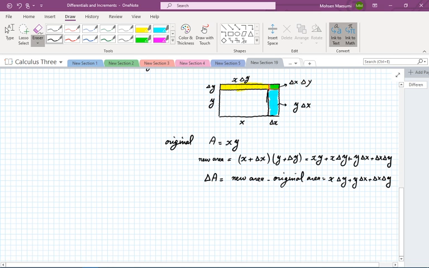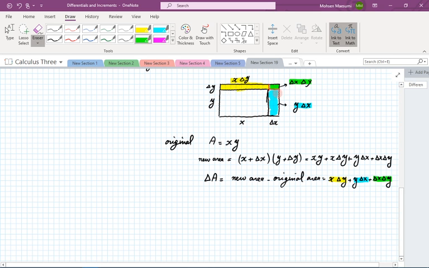So obviously you see that the y delta x is this y delta x here. X delta y is this term x delta y here. And of course this little piece delta x delta y is this one. Okay, so that is the exact difference between the two areas.